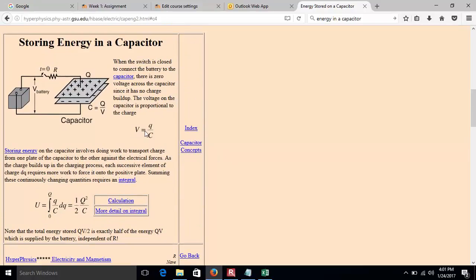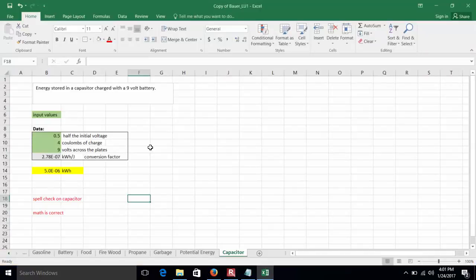Okay, what size capacitor is he using? He is using a 4 coulomb capacitor. That's using microfarads. Yep, that's right. It will be in farads. Capacitors are microfarads. Yeah. Not coulombs.